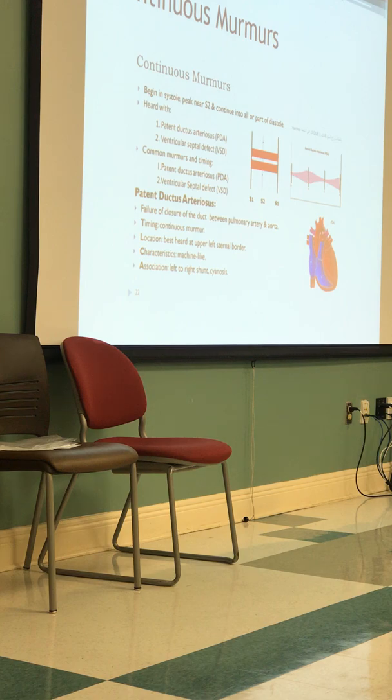So, patent ductus arteriosus, failure of the closure between the pulmonary artery and the aorta. Remember, before birth, that's okay. After birth, it should close by day 3. It's a continuous murmur, left upper sternal border, inferior to the clavicle.